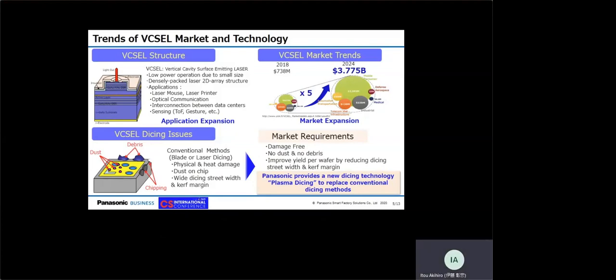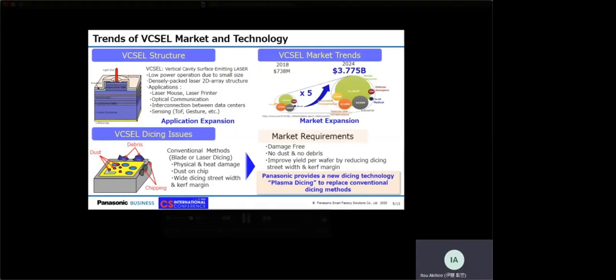VCSEL chips require dicing, but there are challenges to dice VCSEL chips by using conventional methods such as blade or laser dicing. As shown in the left side figure, VCSEL chips are damaged physically and thermally, and dust gets on the chip surface. With conventional dicing technologies, VCSEL wafer layouts require wide dicing street widths and curved lines in order to reduce the damage.